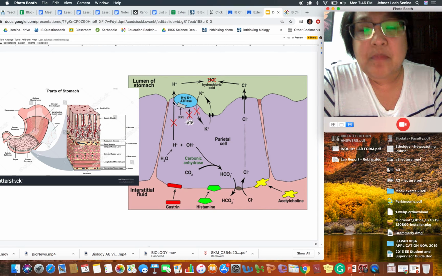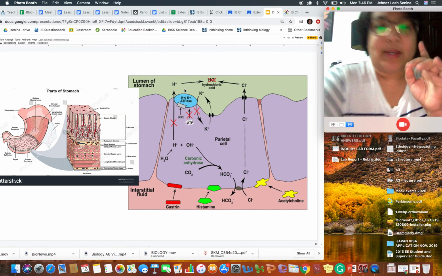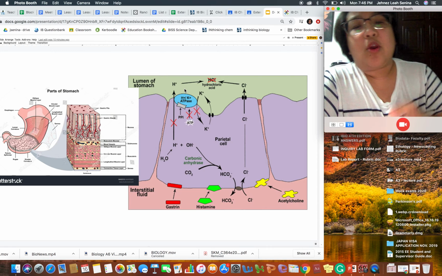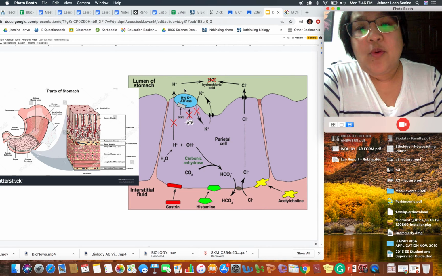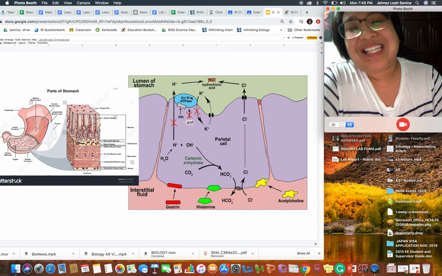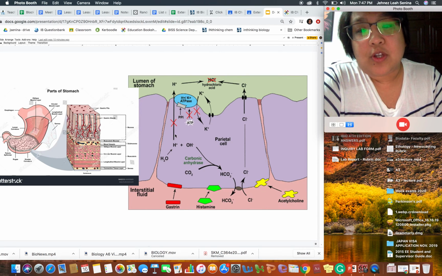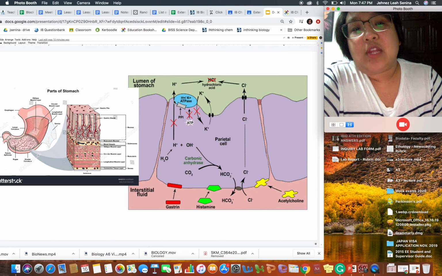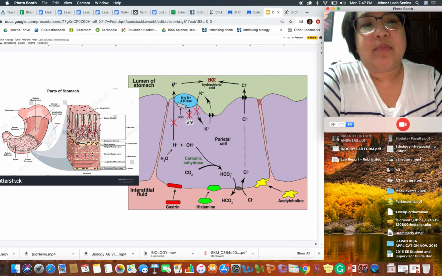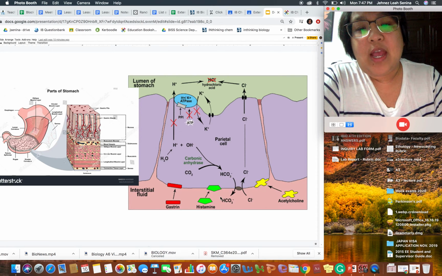It keeps pumping protons into the lumen. Your second group of drugs will bind to this pump to inhibit the pumping of protons. That's why you call it a proton pump inhibitor. So we have your H2 blockers and your proton pump inhibitors.